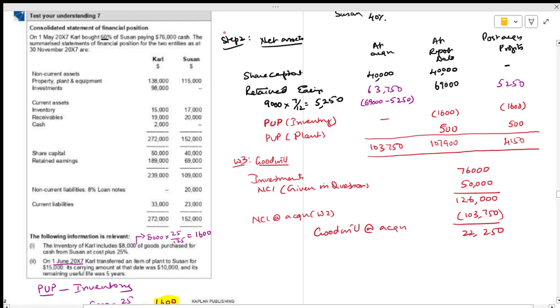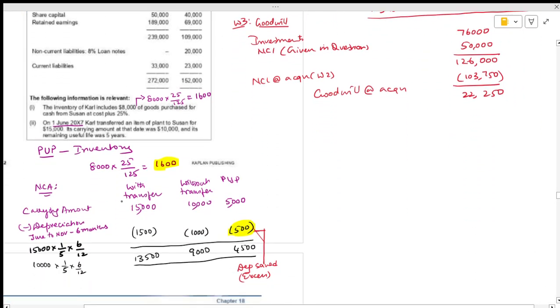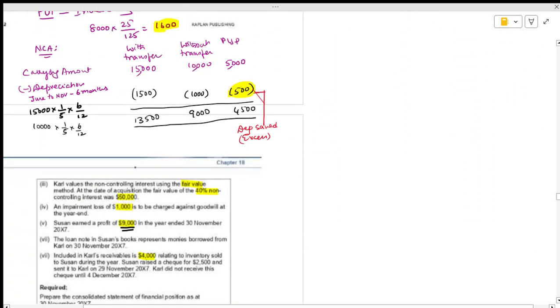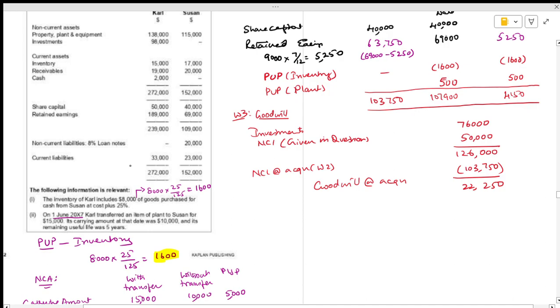What is next? There is an impairment, point number 4. How much is the impairment? 1,000. Minus impairment 1,000, 21,250.